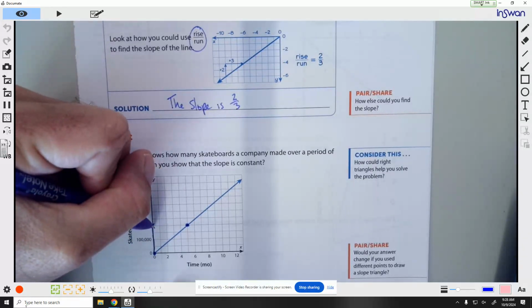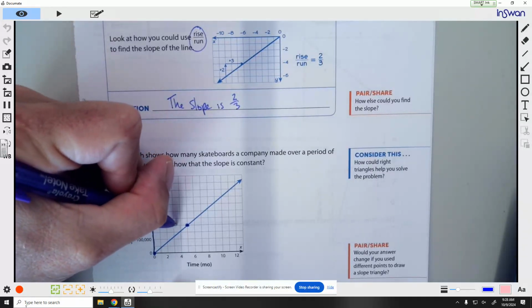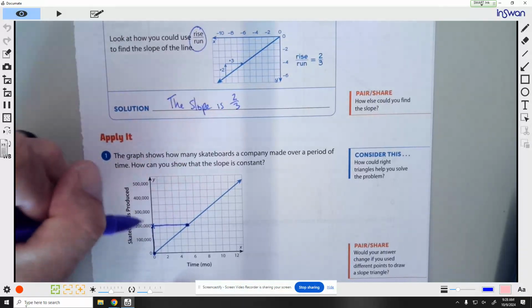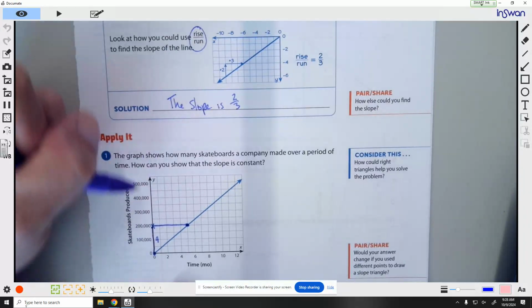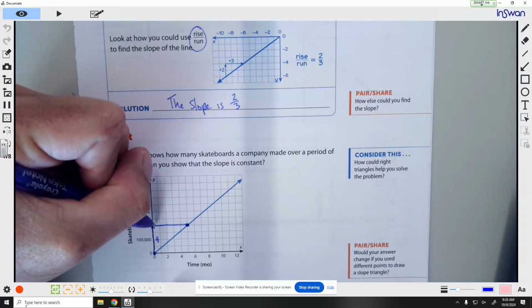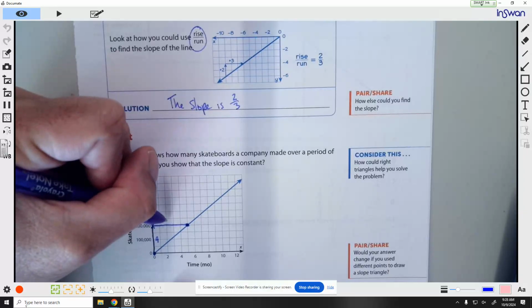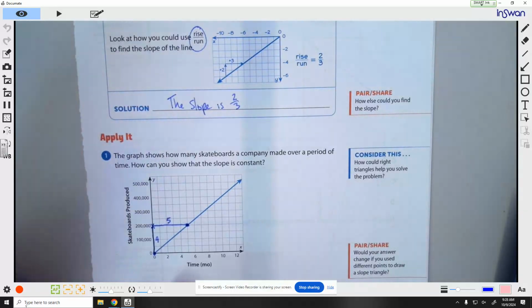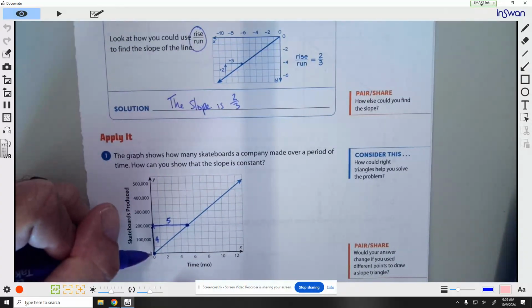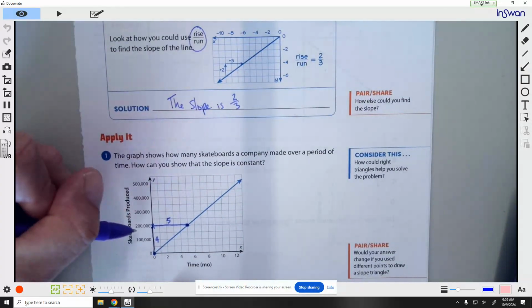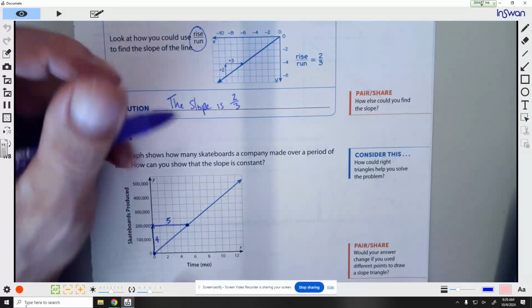And then I have to run over this many. So if I'm just counting the squares, 1, 2, 3, 4. My squares going up is 4. Going across, 1, 2, 3, 4, 5. Okay, and I know that the 4 up doesn't necessarily represent the 4, but we see it's a change from 0 to 200,000 for skateboards.